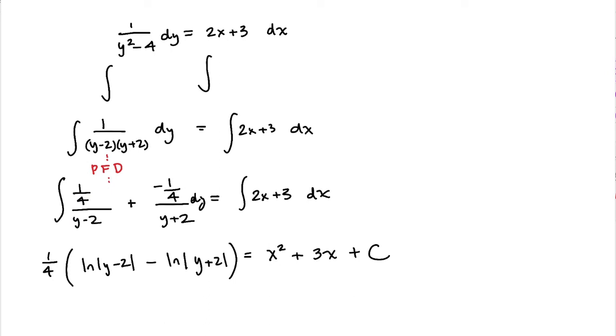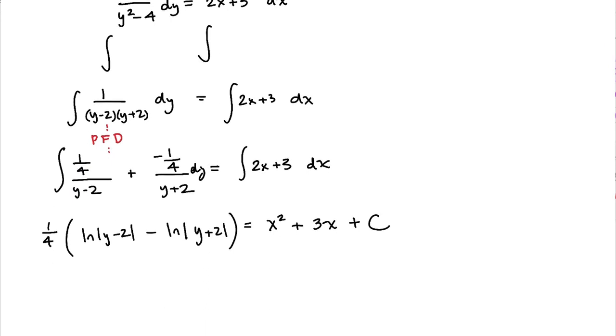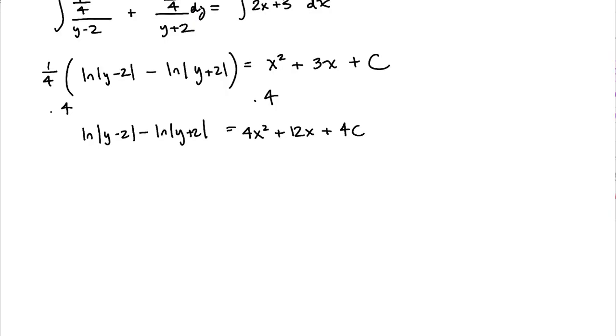Okay, so if we go ahead and multiply both sides by 4, we get 4x squared plus 12x plus 4c is equal to ln of |y minus 2| minus ln of |y plus 2|. And this is where I really love the algebra of this, just because I teach a lot of pre-calc.